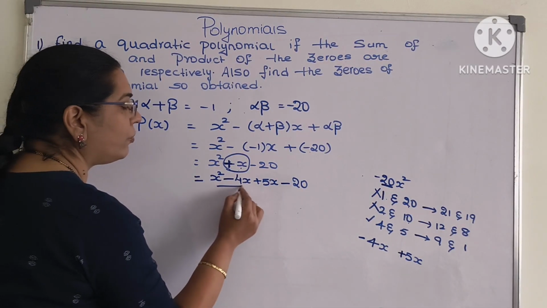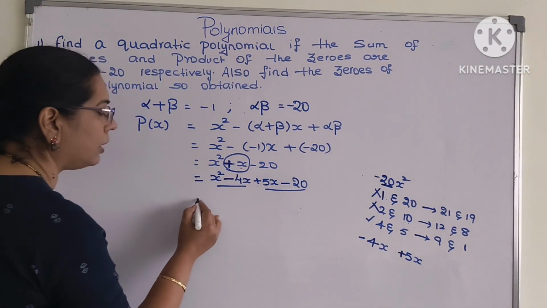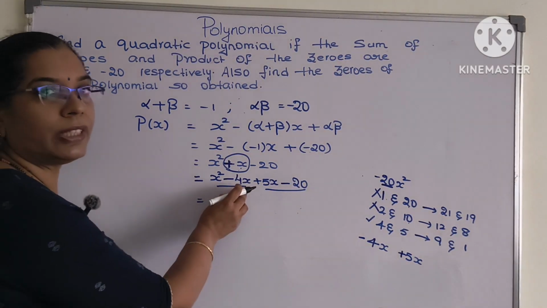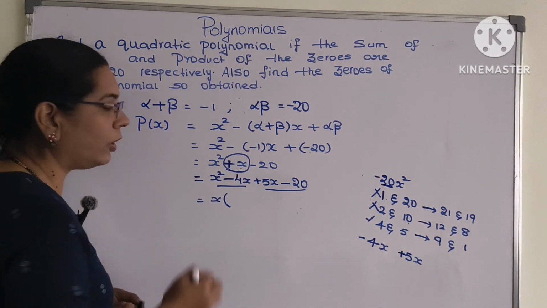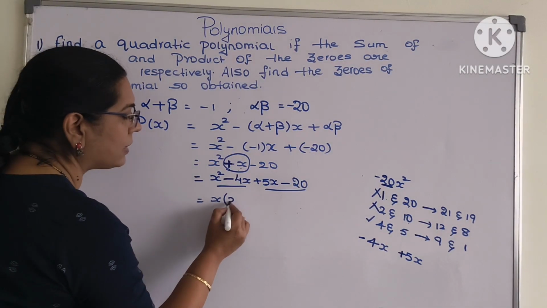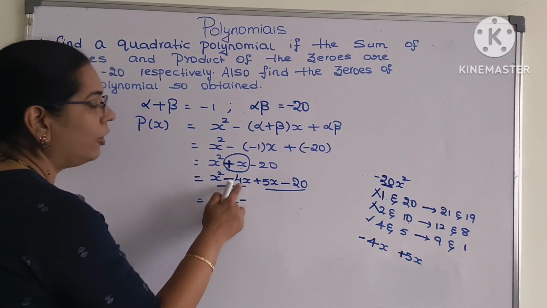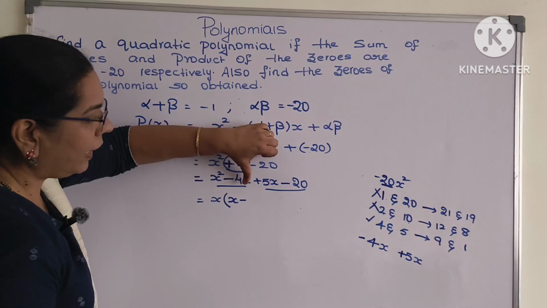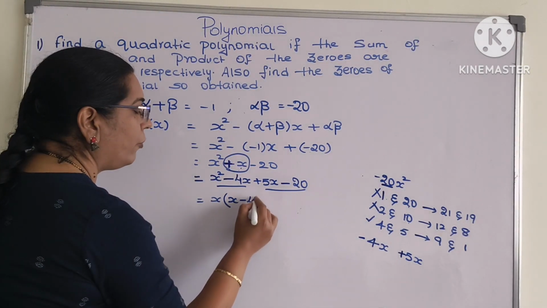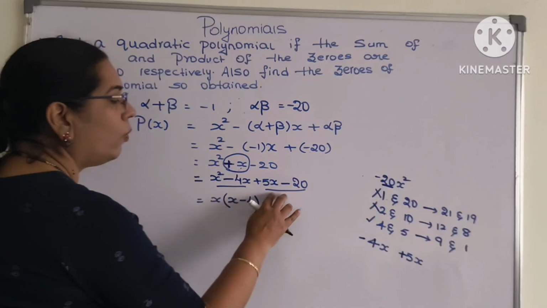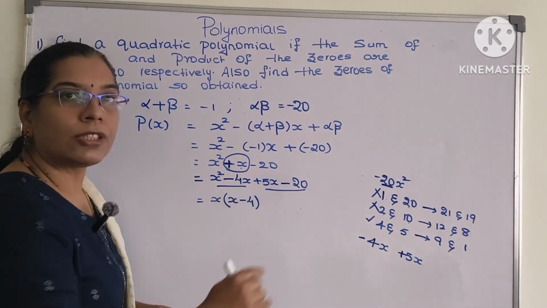Take a common factor from the first two and the last two terms. What is common in the first two terms? X is common. So take x common out. I am left with one x. Keep the sign: from 4x, I have taken x, so I am left with just 4. Keep 4 inside the bracket. Then what can you take common from the last two terms?